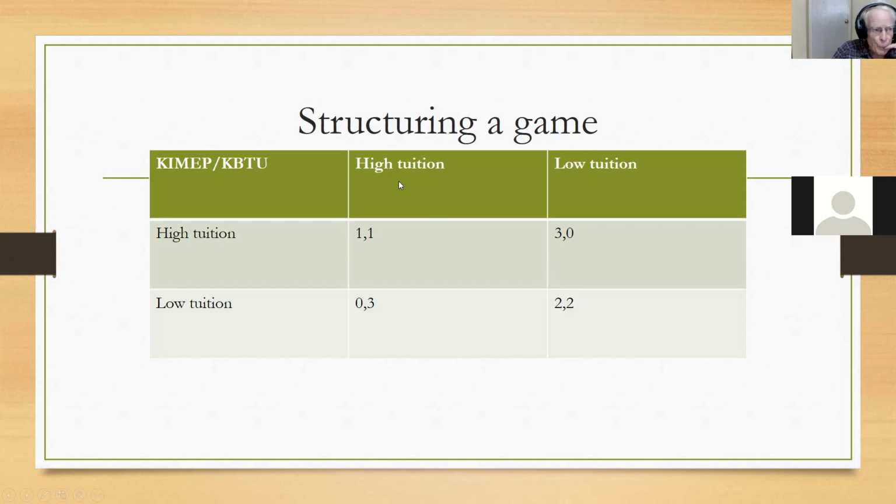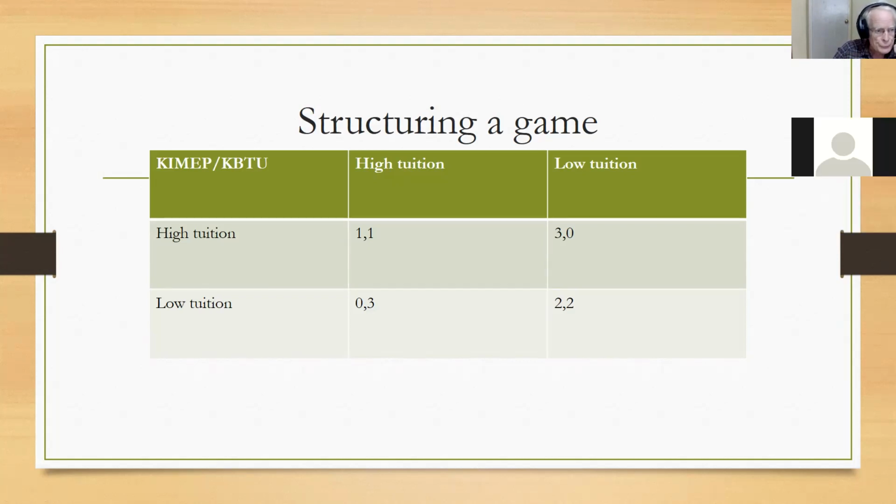If KTTU chooses high tuition, CNET will do better by selecting high tuition as well, because 1 is greater than 0. And then CNET will also consider what to do if instead of high tuition, KTTU chooses low tuition.